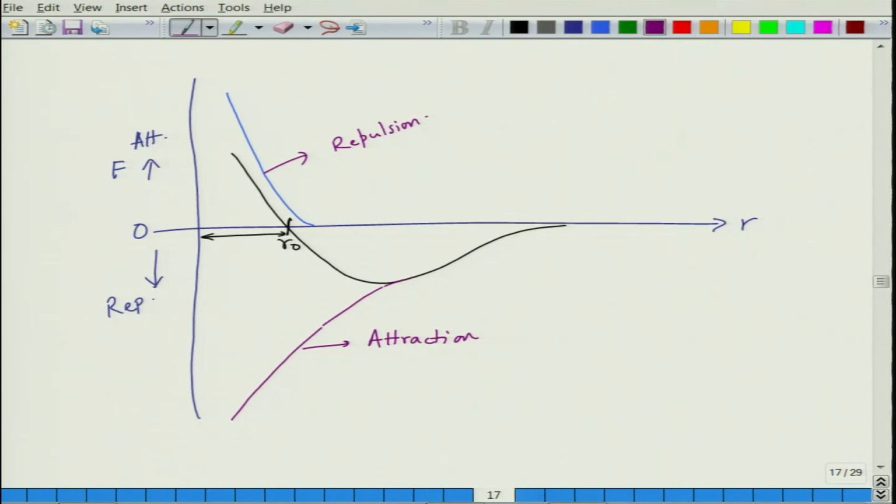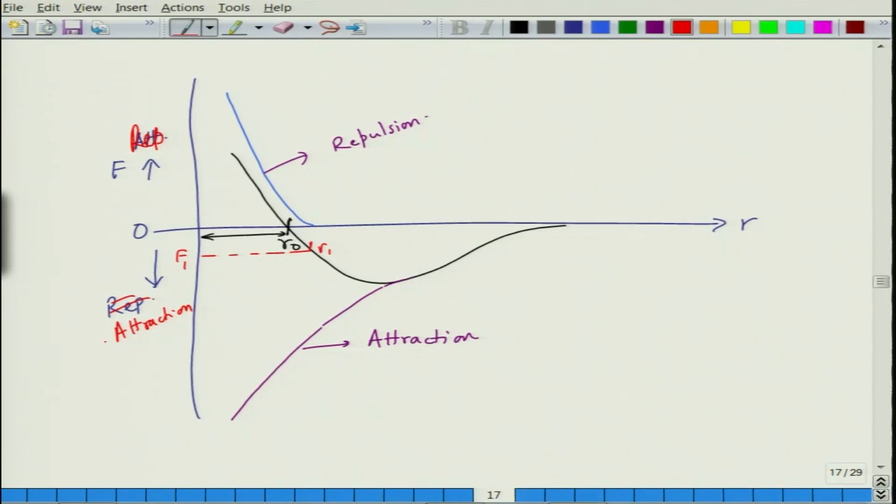Now, if you wanted to move away from this particular point, let us say you wanted to go here, which means you will have to apply an extra repulsive force. This is R1, you will have to apply a force F1 to go to higher distance, which means, this is repulsion, I am sorry, this is attraction, my apologies.